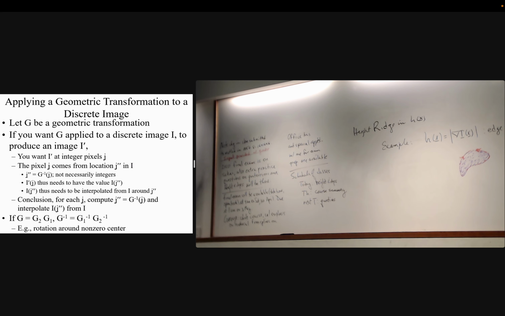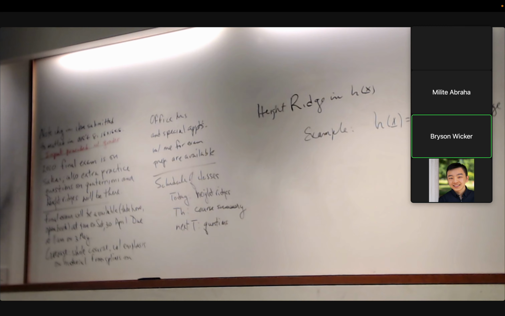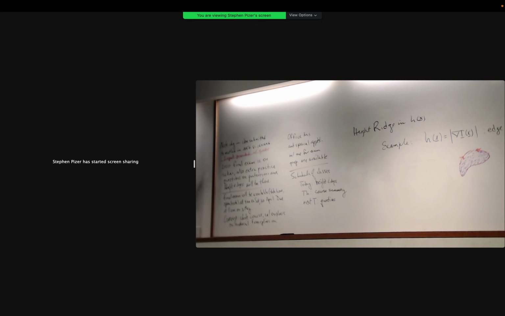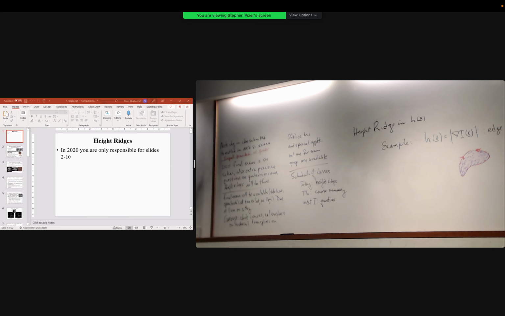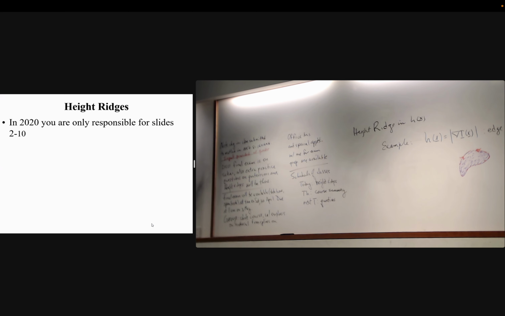Okay, this is the end of the geometric transformation section. Let's see if I can bring up this one. Okay, so this is the section on height ridges. You'll see in a little while that there are multiple kinds of ridge definitions, and they're not equivalent.